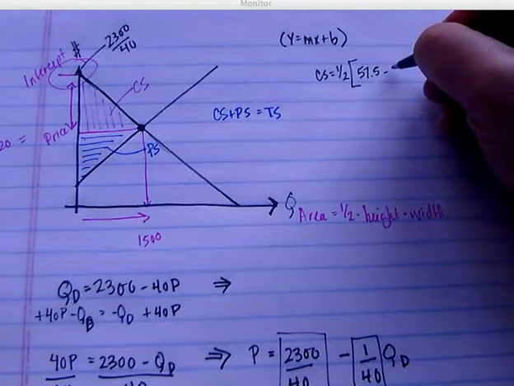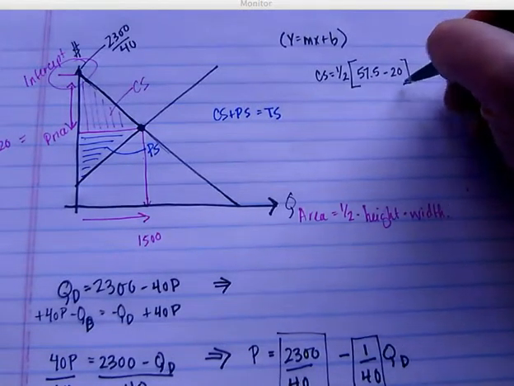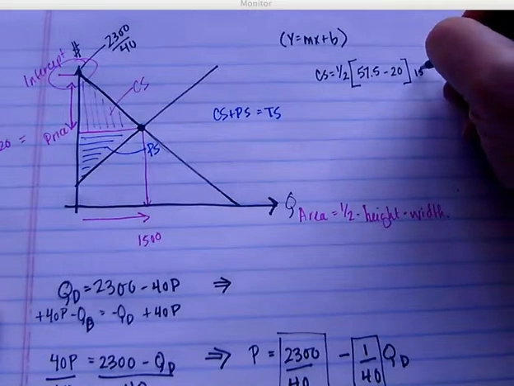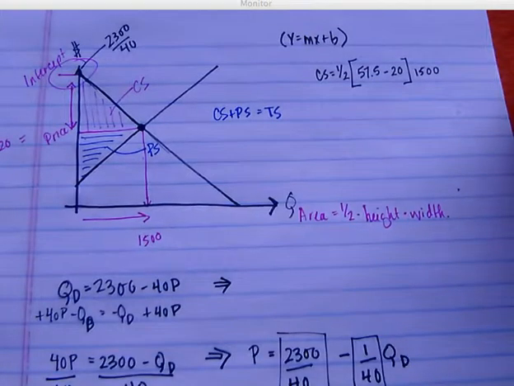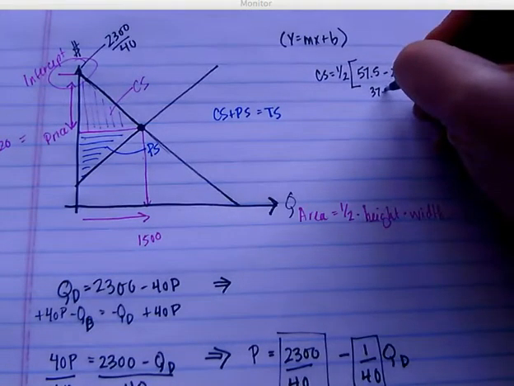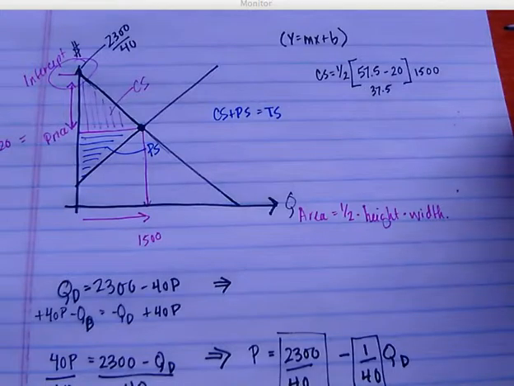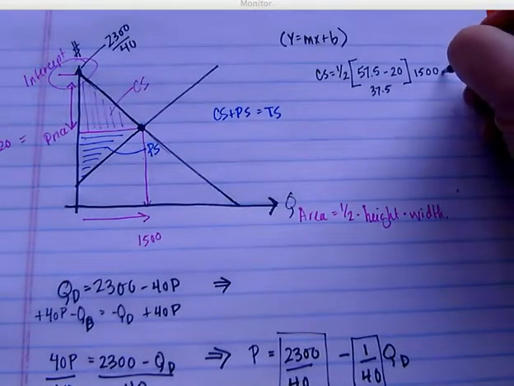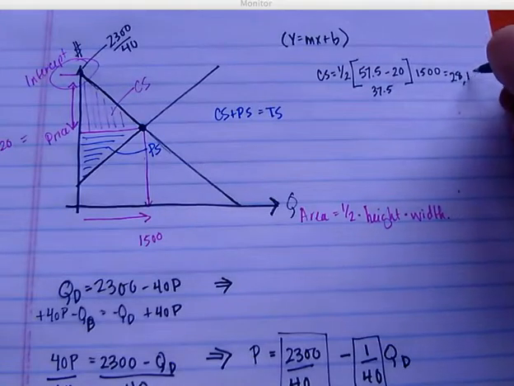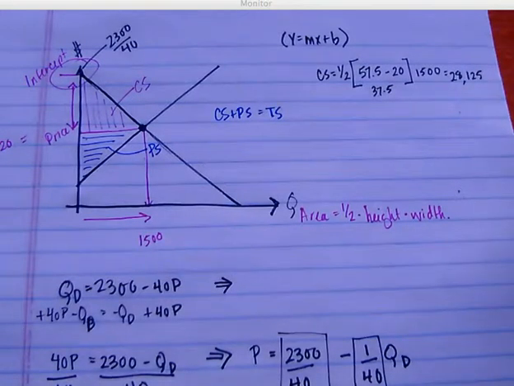So 57.5 minus 20, that's our height, and our width is 1,500. Our consumer surplus is 1/2 times 37.5 times 1,500, which is 28,125. So that's our consumer surplus.